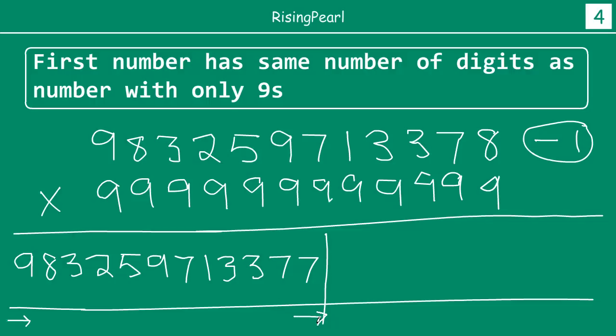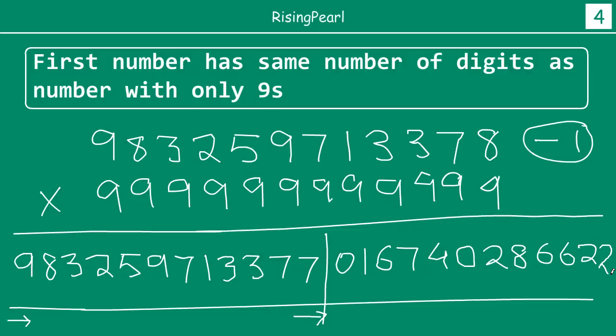Now we are going to take each of these digits, starting from this way, and subtract it from 9, and we are going to write going this way. So 9 minus 9, 0. 9 minus 8, 1. 9 minus 3, 6. 9 minus 2, 7. 9 minus 5, 4. 9 minus 9, 0. 9 minus 7, 2. 9 minus 1, 8. 9 minus 3, 6. 9 minus 3, 6. 9 minus 7, 2. 9 minus 7, 2.